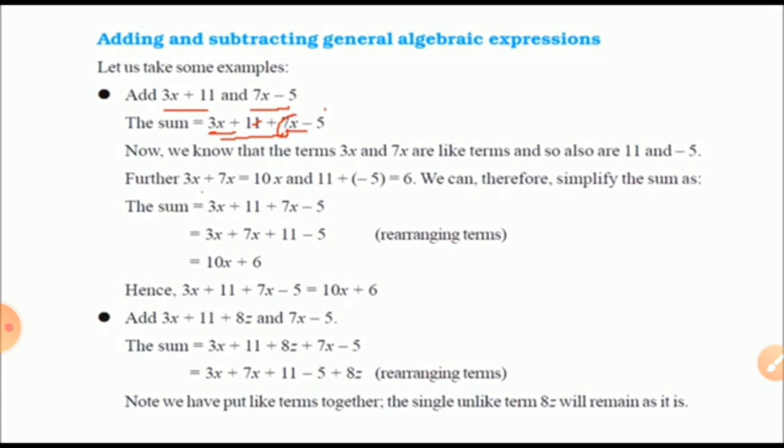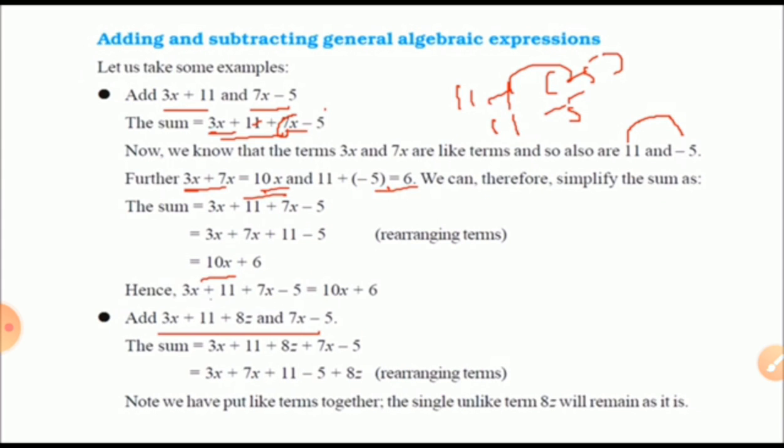So 3x plus 7x gives us 10x, and 11 plus minus 5 will give us 6, because one number is positive, one number is negative, so it will be a subtraction. We can therefore simplify: 3x plus 11 plus 7x minus 5 will give you 10x plus 6. Rearranging terms: x with x, number with number.